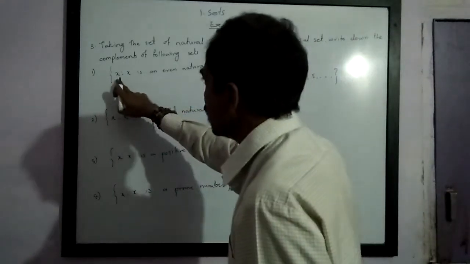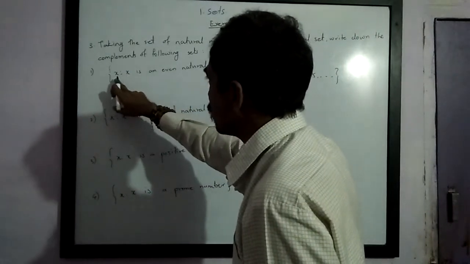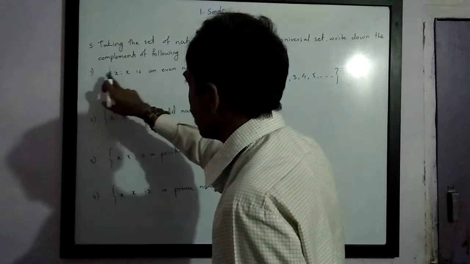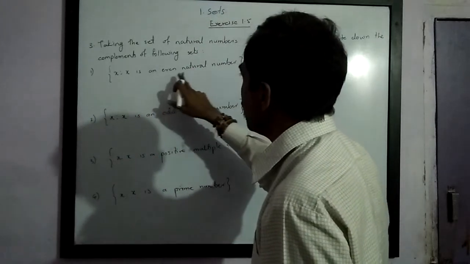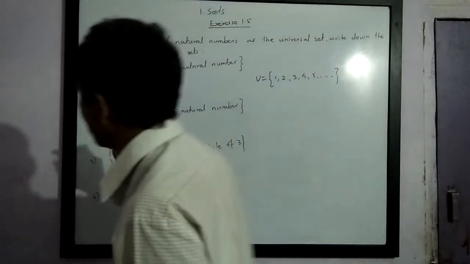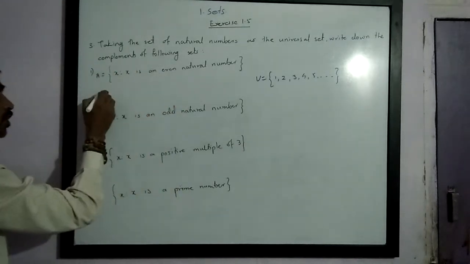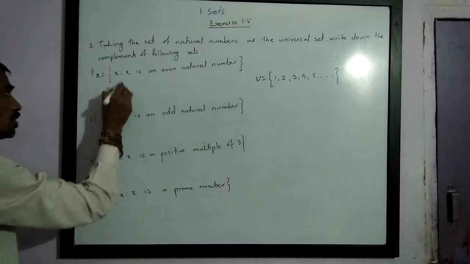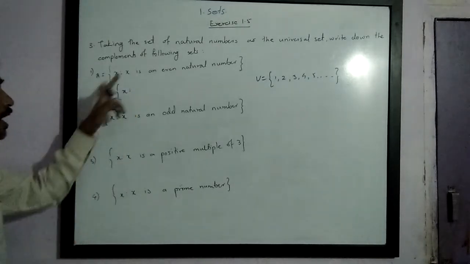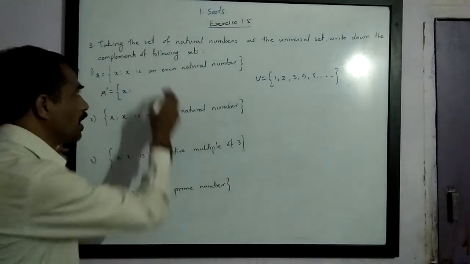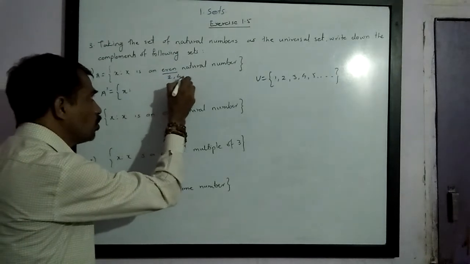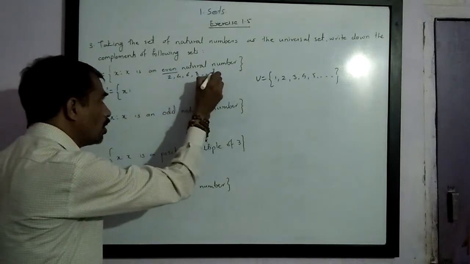The first set is the set of x such that x is an even natural number. Let the given set be equal to A. Then A's complement is the set of x such that x is not in A. Even natural numbers means the set of 2, 4, 6, 8 and so on.